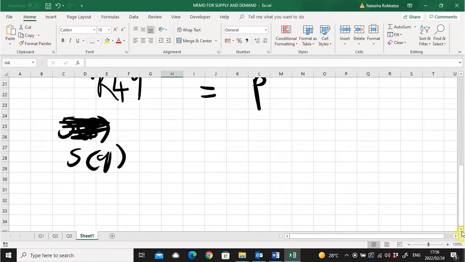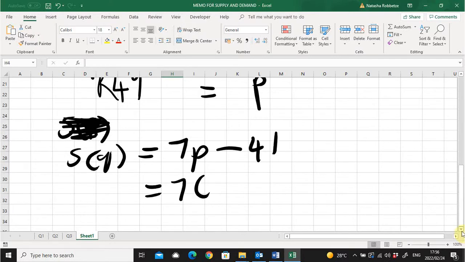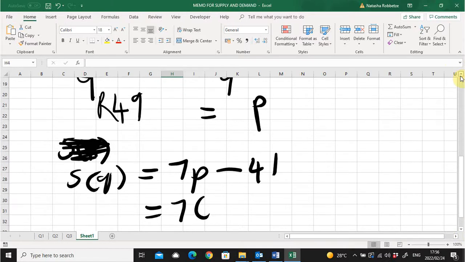Supply quantity was given to us as 7p minus 41. And thus we're going to say it's 7 times the p we just solved. And the price that we solved was 49, minus 41.